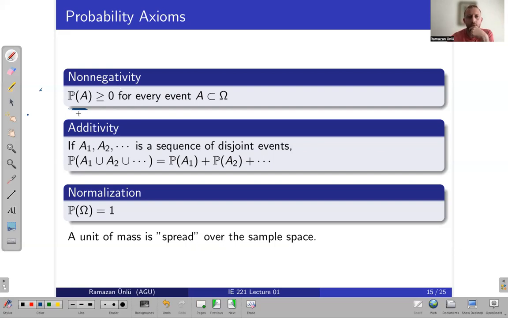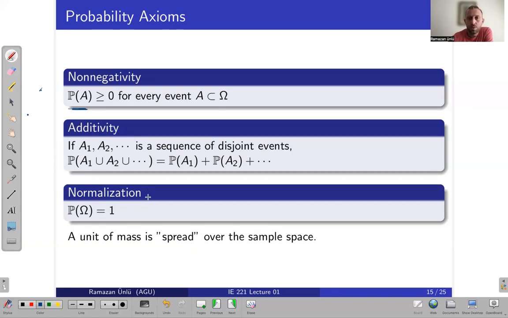This is the first axiom. And the second one: if the events are a sequence of disjoint events, then I can say that P of the union, the probability of the union of the events, is equal to the sum of the individual probabilities of the events. So this is our second axiom, the additivity axiom.